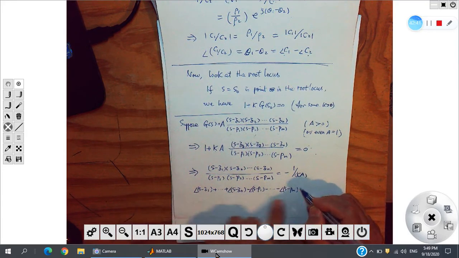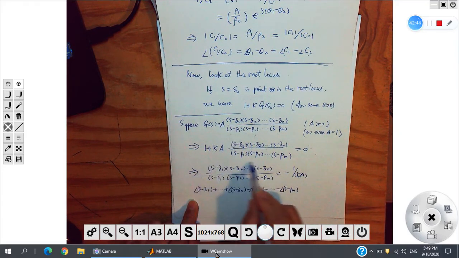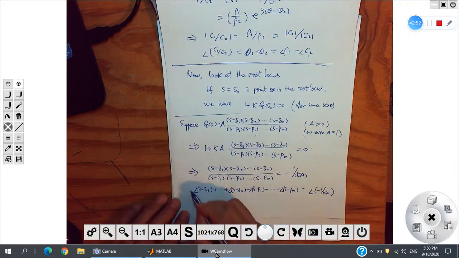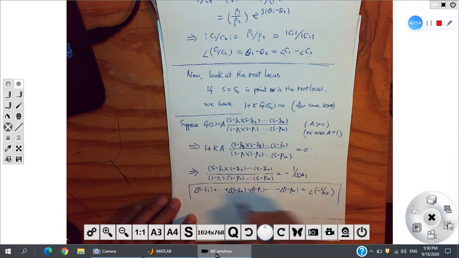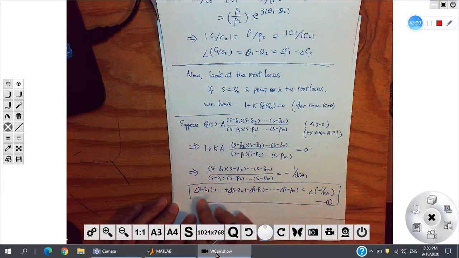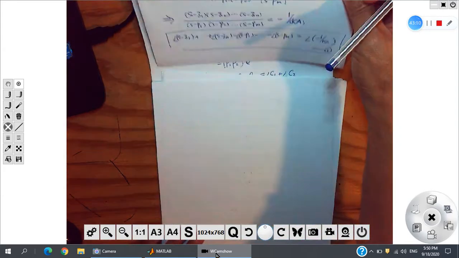This is the angle of this side, equal to the angle of negative 1 over Ka. Now we have this; we call this formula 1. We will use this formula to determine the direction when the locus starts from the poles, which we call departure.